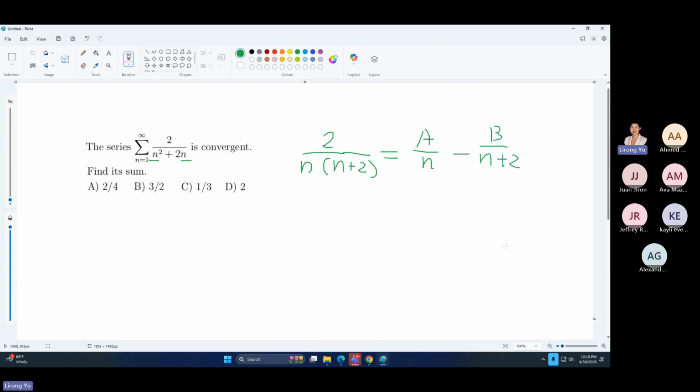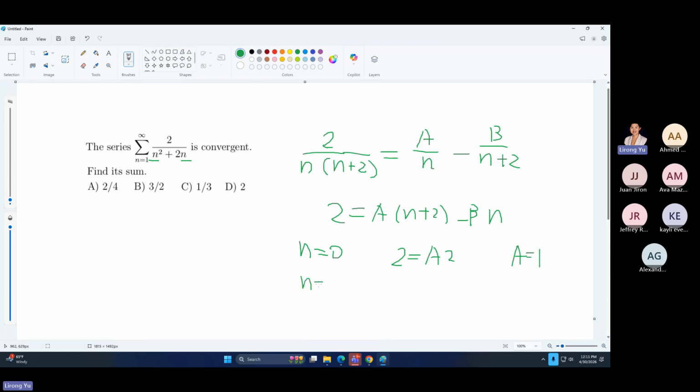We multiply both sides of the equation by the denominator. We will have 2 equal to a times n plus 2 minus b times n. Let n equal 0, and we have 2 equal to a times 2. That means a has to be 1, right?